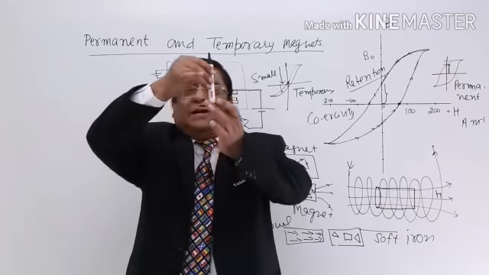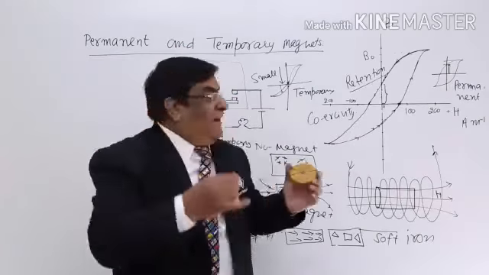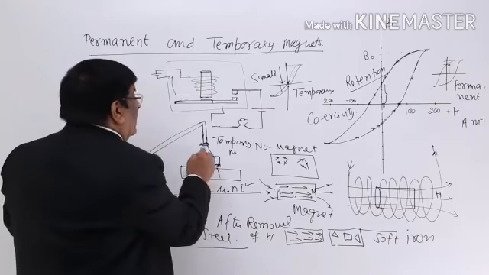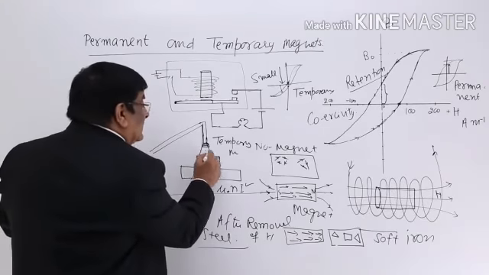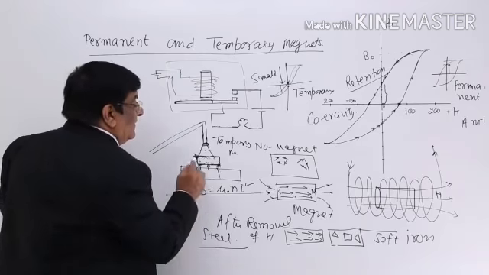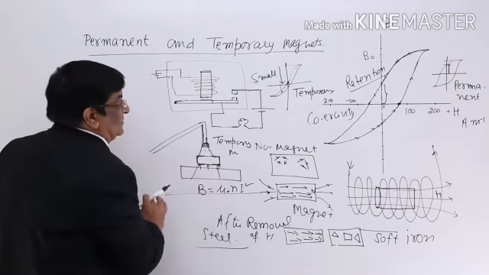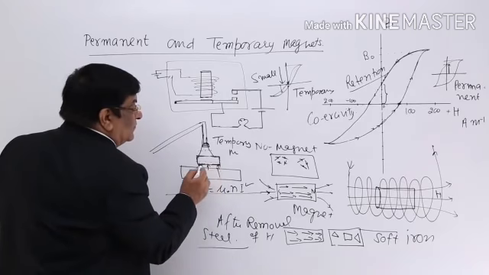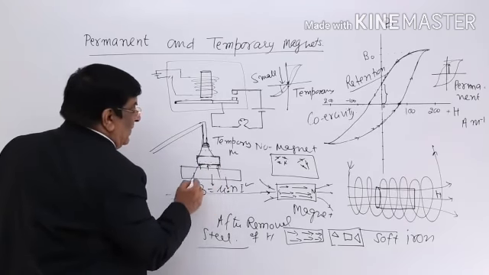Now I lift the crane and move it to the godown, and when I reach the desired place, I stop this current. If I stop this current, what should happen? This magnetism should vanish. The moment this magnetism vanishes, the force will vanish and the sheet will fall down to the desired place.